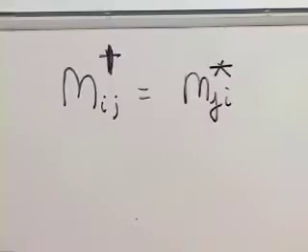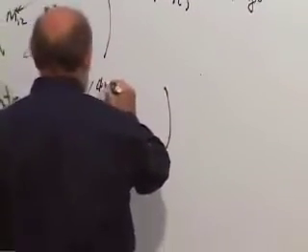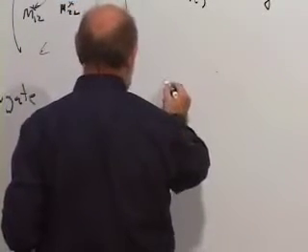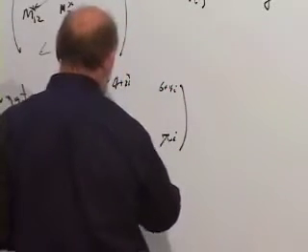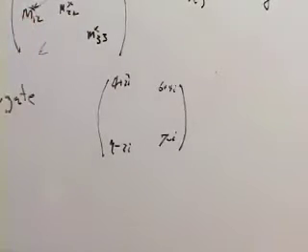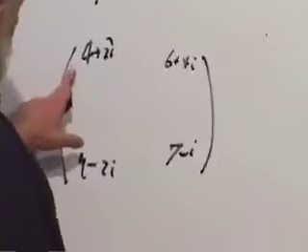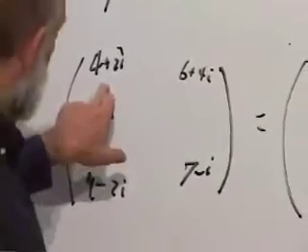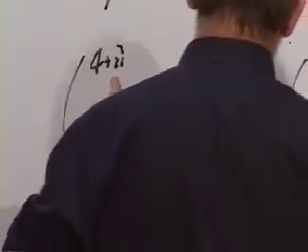All right, so let's do an example. Here's an example: 4 plus 2i, 7 minus i, 6 plus 4i, and 9 minus 2i. What's the dagger, the Hermitian conjugate of that matrix? Well, the diagonal elements don't move when you transpose. A diagonal element stays in the same place, but we have to complex conjugate it. So we get 4 minus 2i.